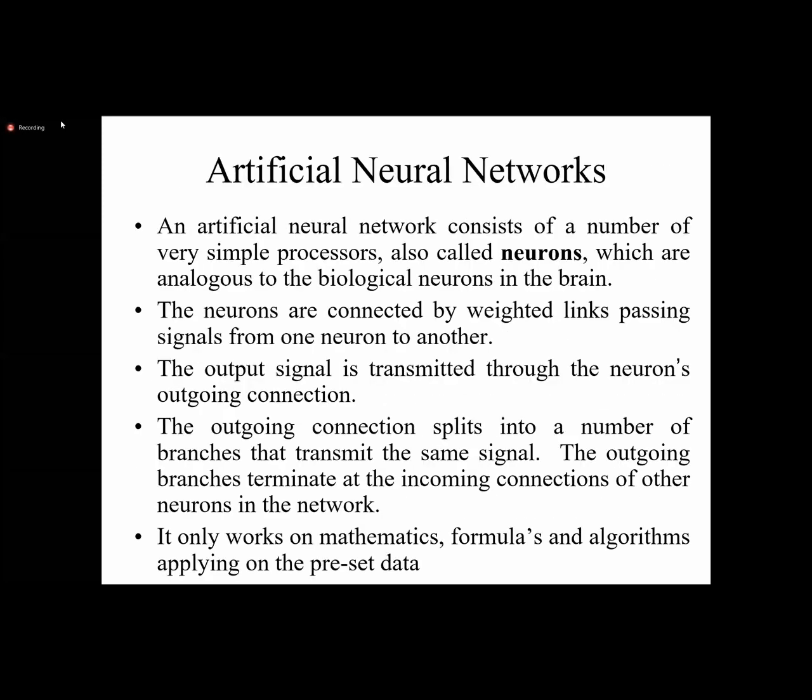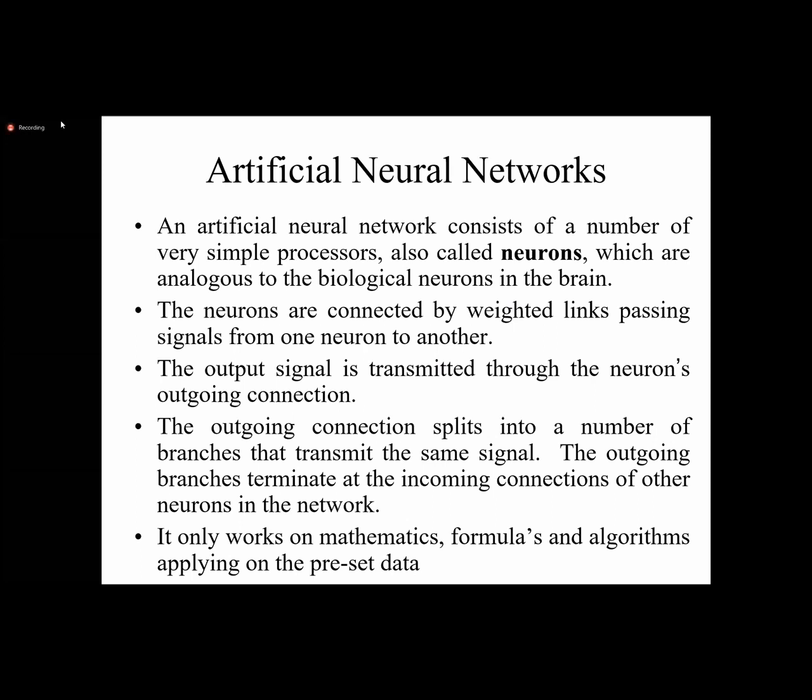And artificial neural networks consist of a number of very simple processors called neurons, which are analogous to biological neurons in the brain. The neurons are connected by weighted links passing signals from one neuron to another, and the output signal is transmitted through the neuron's outgoing connections.